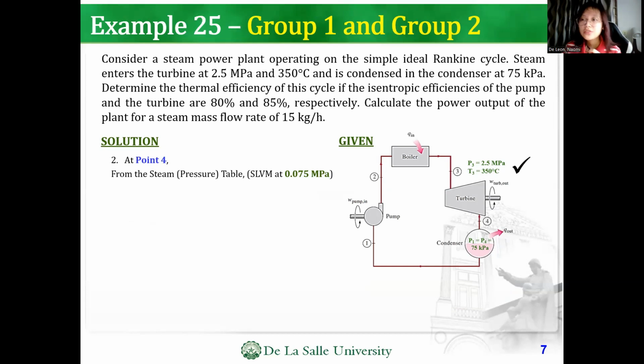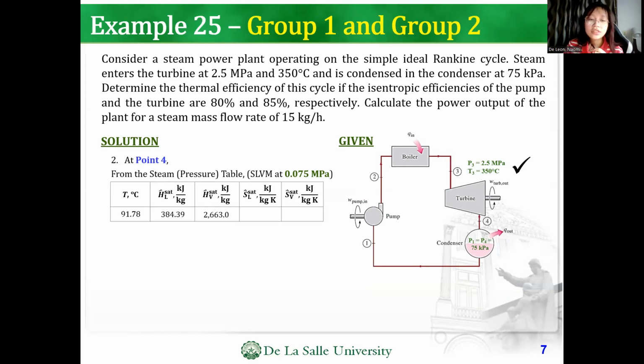From the steam pressure table and using our calculated specific enthalpy, we can say that steam is a saturated liquid-vapor mixture at 0.075 megapascal. Here are the necessary parameters. The temperature at point 4 is equal to the saturation temperature of 91.78 degrees Celsius.